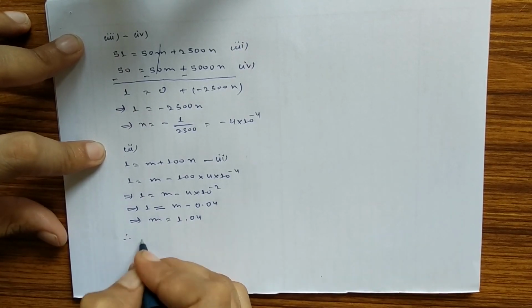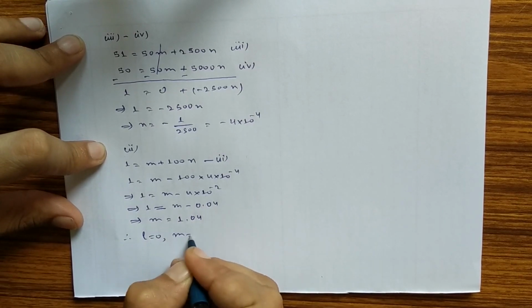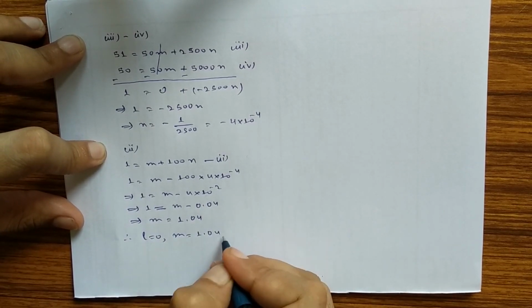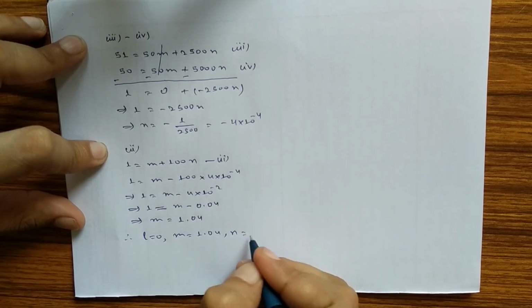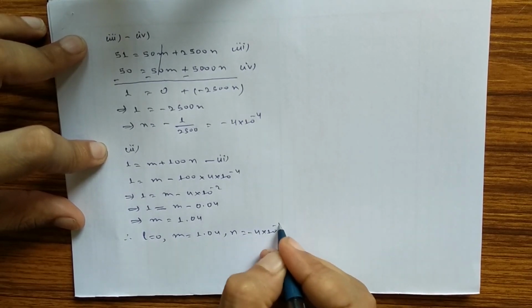So we have got the values L equals 0, m equals 1.04, and n equals minus 4 into 10 to the power minus 4.